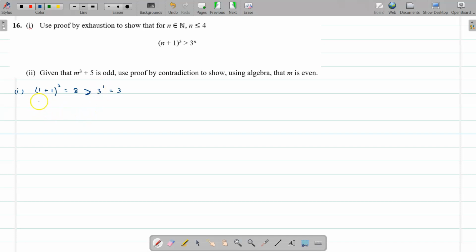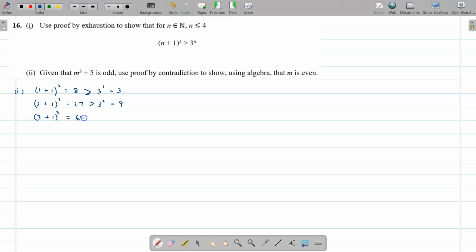Then I can do n when n is 2, so I've got 2 plus 1 cubed, which is 3 cubed, which we know is 27. And I can say with confidence that that's greater than 3 squared, which is equal to 9. And for the next one, I've got 3 plus 1 is 4. 4 cubed is 64.